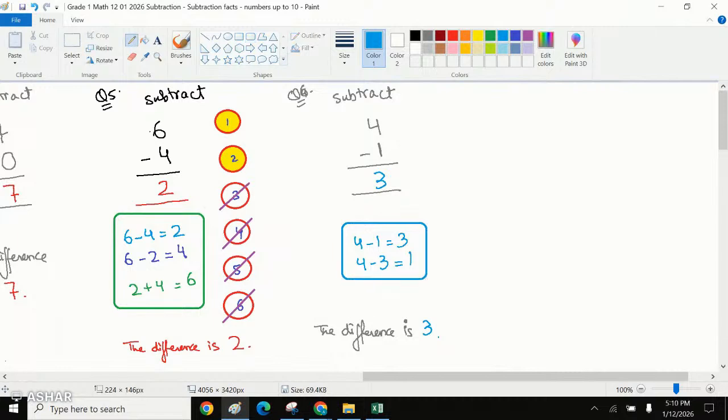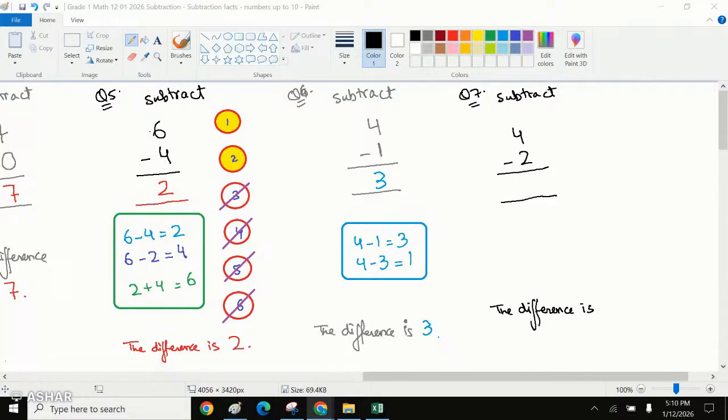Okay, moving on ahead with the next question. Question number 7 says subtract 4 minus 2. What is the difference? If you have 4 and you're left with 2, that means you've minus 2, right?